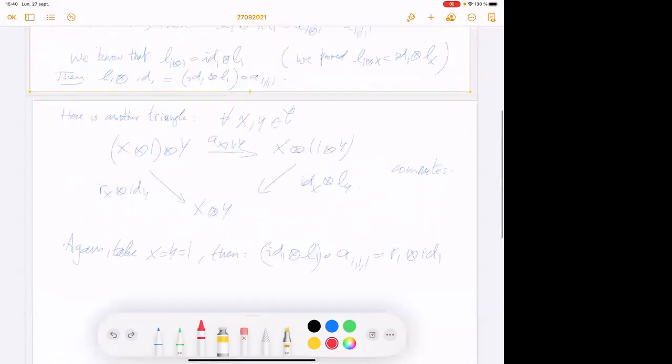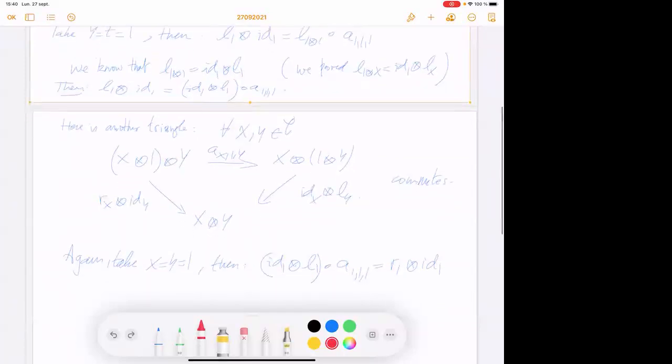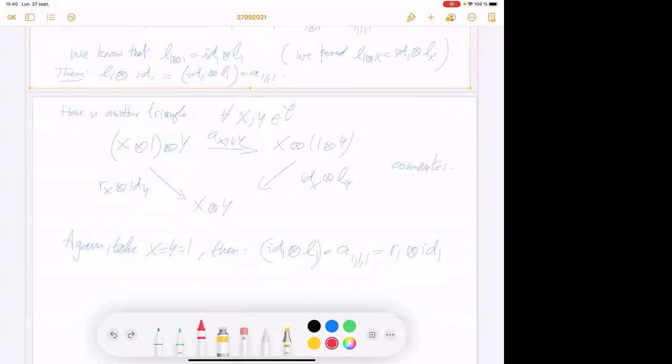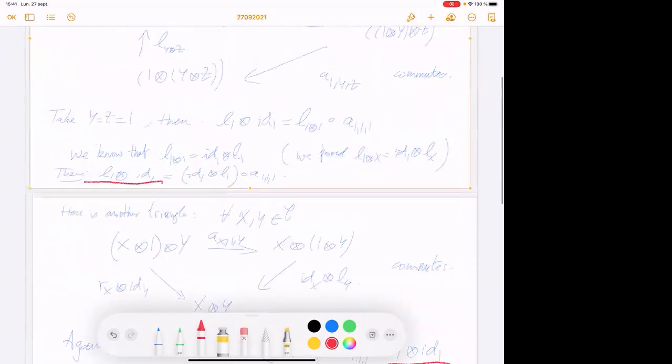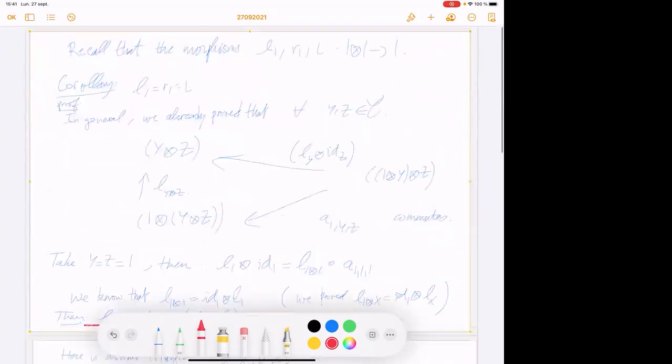Okay. So what about, so we have this equal this. It's a bit tricky. Okay. So now we almost have this one.